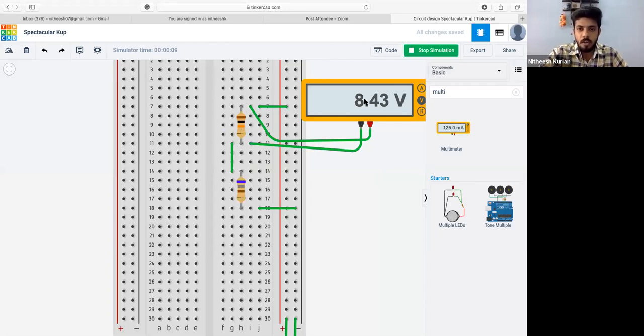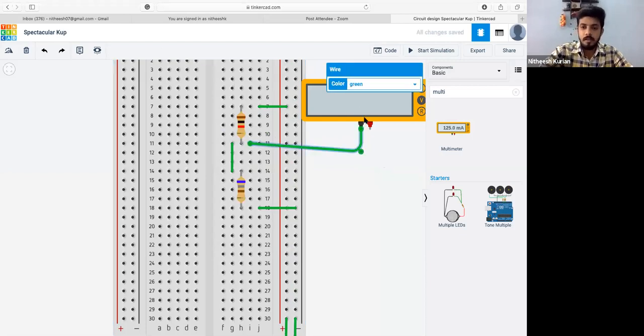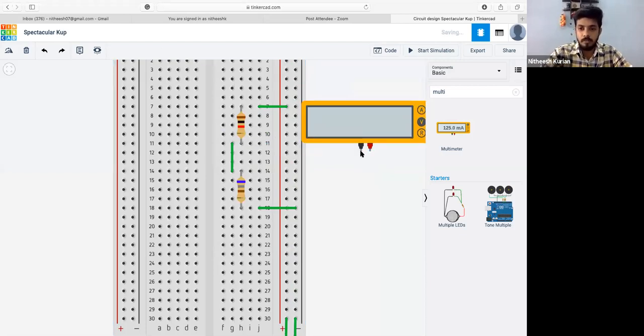And if you change the resistance from 10 kilo ohm to 1 kilo ohm, you will get a different answer. If you change it to 1 kilo ohm, the voltage across 1 kilo ohm is 5.35 and the voltage across 680 ohm will be 9 minus 5.35, isn't it?